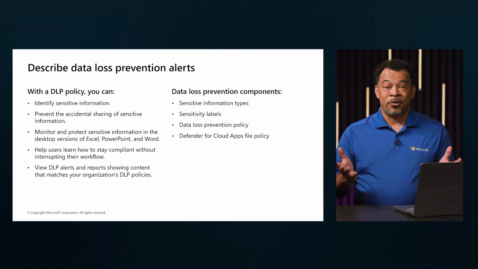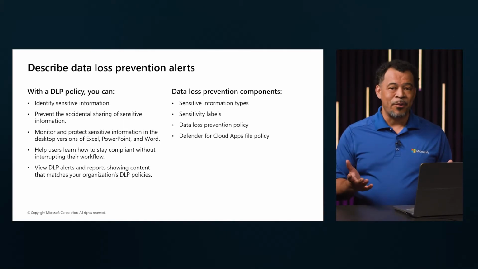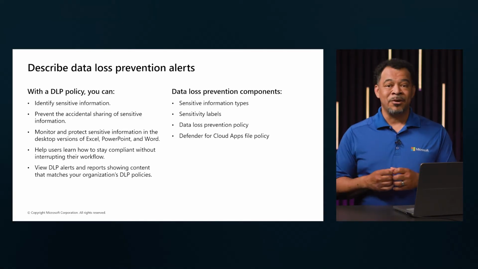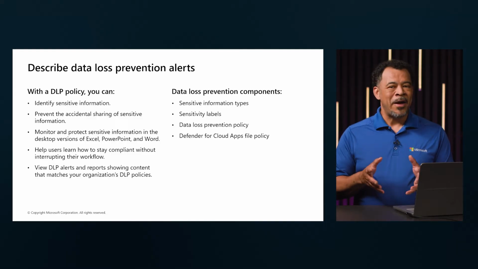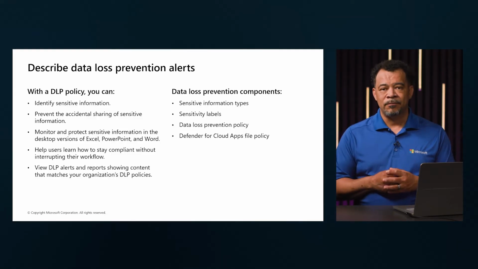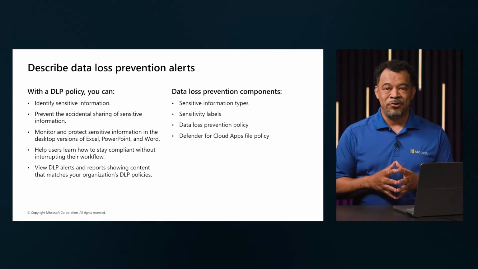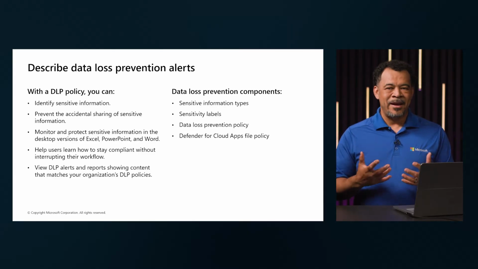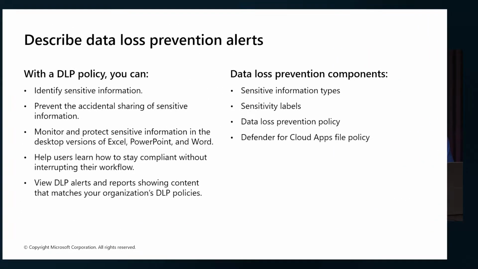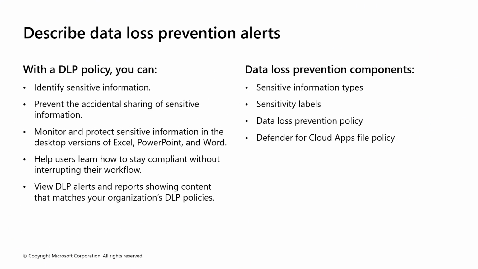What's great is it works right inside the tools that you already have, like Excel, Word, and PowerPoint, without disrupting your typical workflow. Plus, we get alerts and reports that show us exactly where our policies are being triggered, so we can stay ahead of any potential issues. It's all powered by components like sensitivity labels, DLP policies, and even Defender for Cloud Apps to give us a full picture of overall data security.